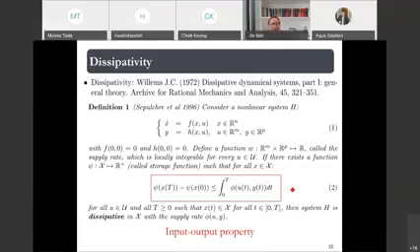Obviously, Lyapunov stability has nothing to do with the input and output. We're talking about the stability of a state of equilibrium, so obviously you're talking about a free system.